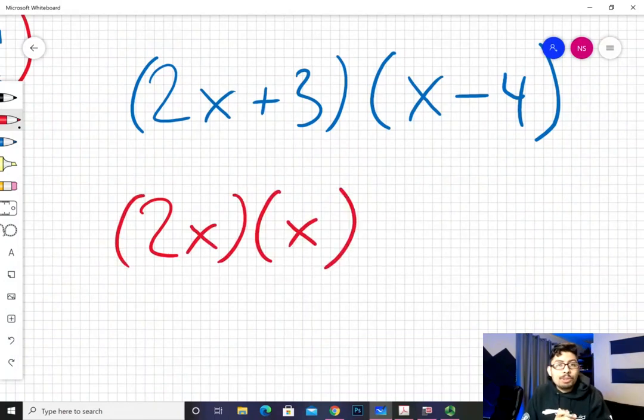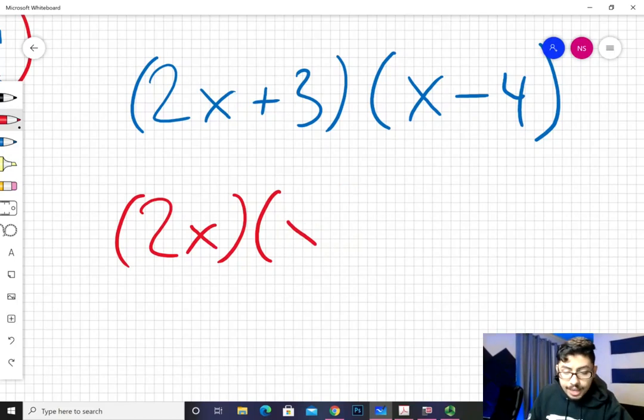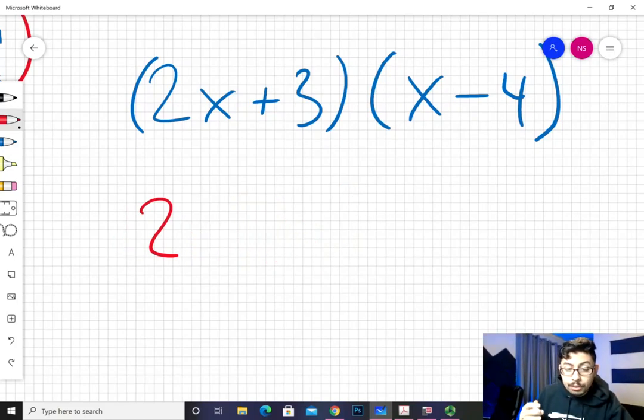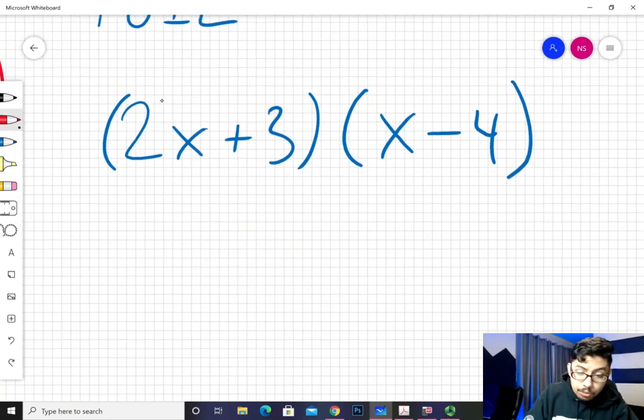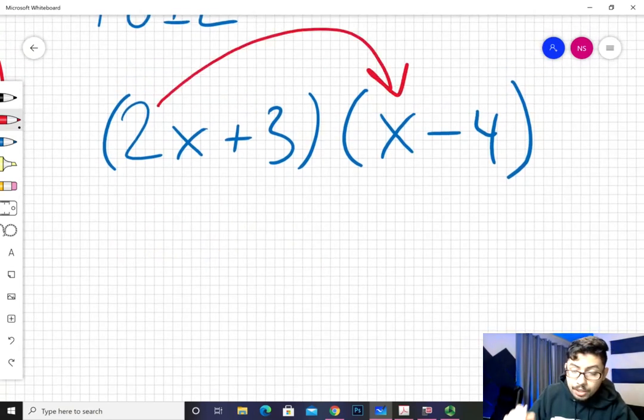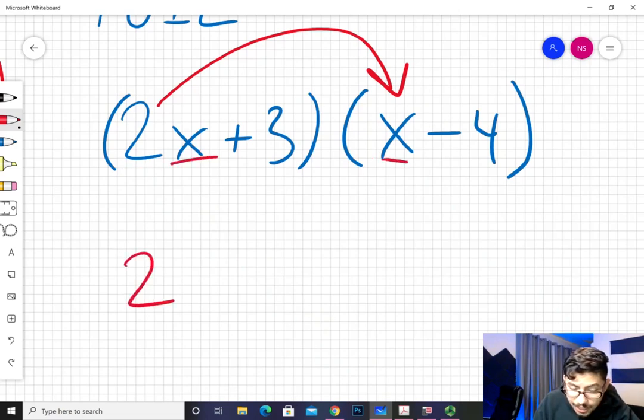If it helps, you could just rewrite it on the side of your notebook paper and look at it like that. The only real hard part is memorizing what you need to multiply to what. So just remember, this first one you multiply with that first one. All right. So 2x times x, what do we get? We get 2 times 1, that gives me my 2. X times x, that gives me my x squared.